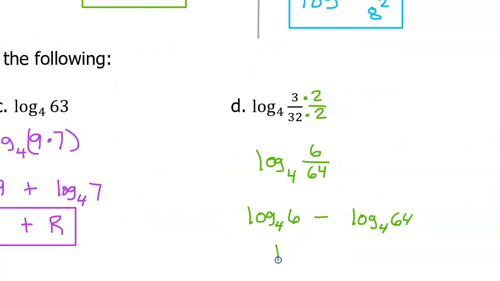So this is already just going to be p minus. Log base 4 of 64, we should be able to evaluate that in our heads and just blurt out the number. What is the log base 4 of 64? It's just plain 3. Because the log is the exponent that turns the base into the other number. And 4 to the third power is 64. Okay? So this is just plain a 3. Kabam!